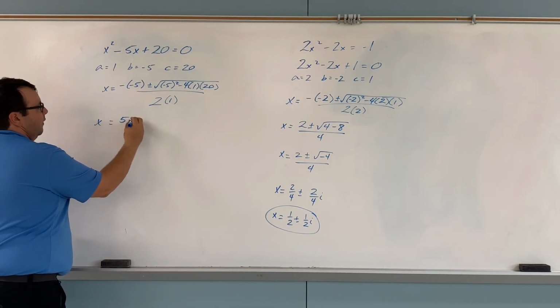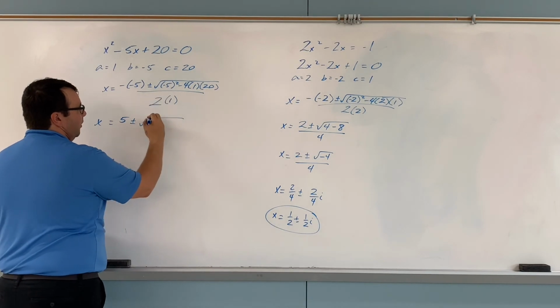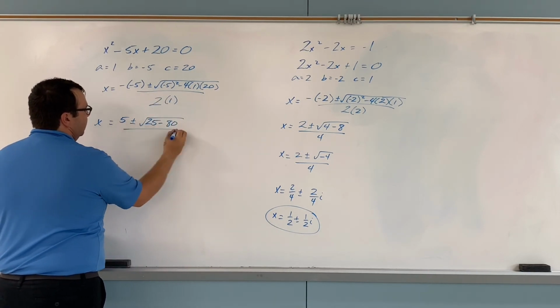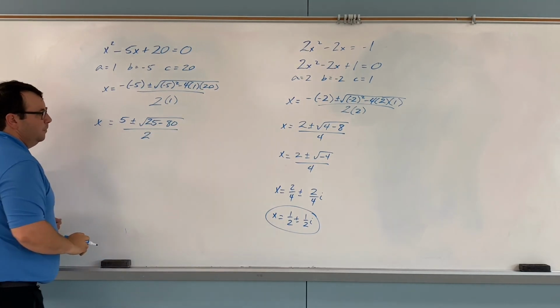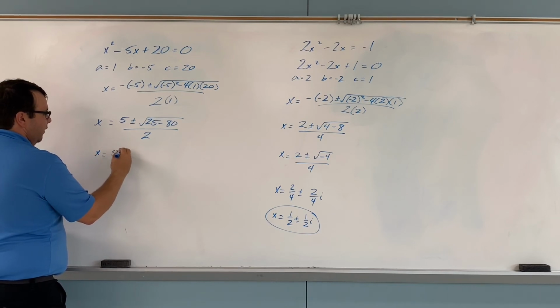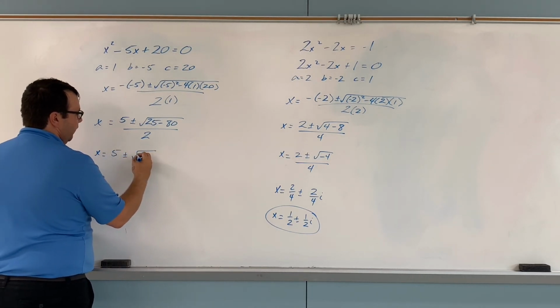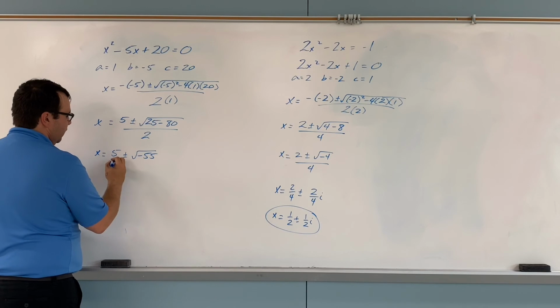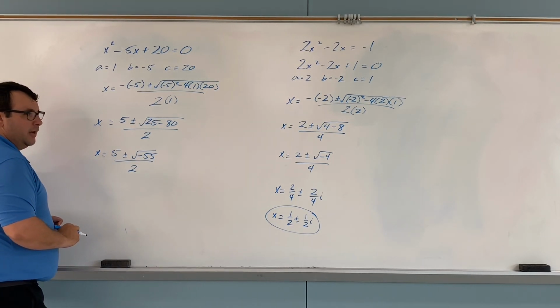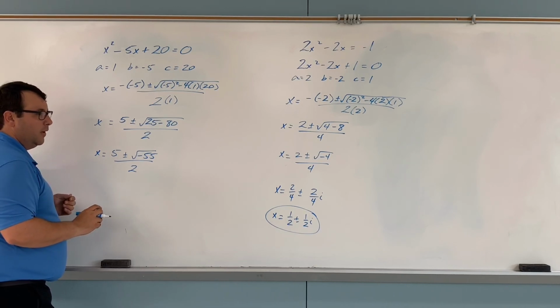So I got 5 plus or minus the square root. This will be 25 minus 80 divided by 2. So I have x is equal to 5 plus or minus the square root of -55 divided by 2. 55 doesn't break down for me, but that's okay.